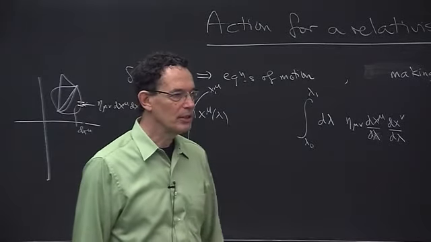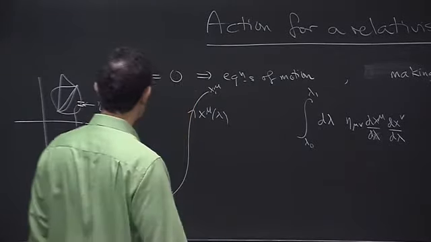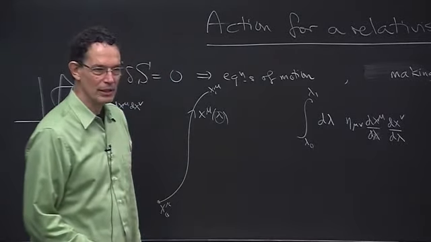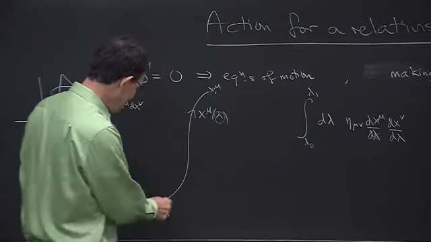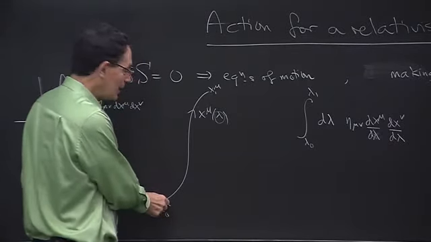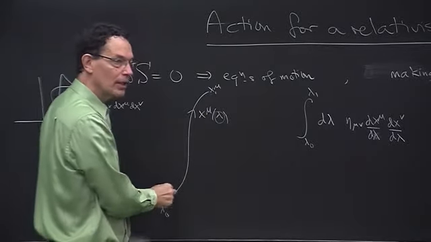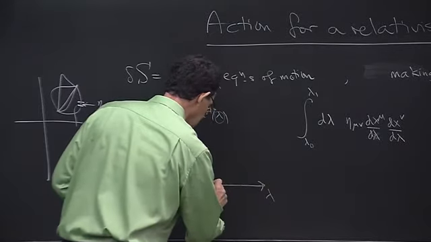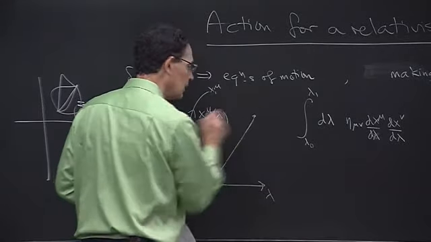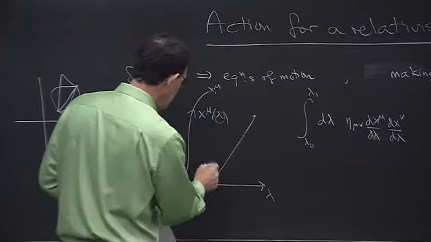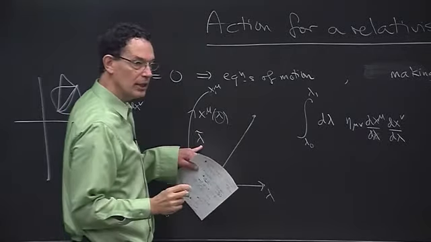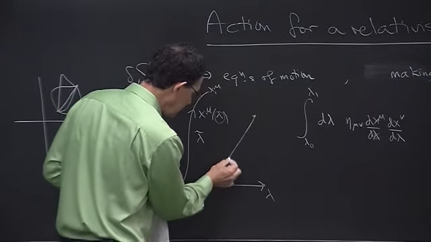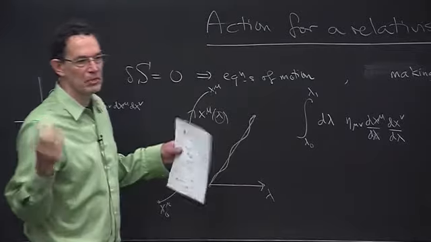Can you see what it is? This parameterization of the line shouldn't really matter, right? Any function which varies monotonically, so if I have one lambda which goes from a small value to a large value, and I pick some other lambda tilde, which is a function of this lambda but monotonic, it's equally good, right?